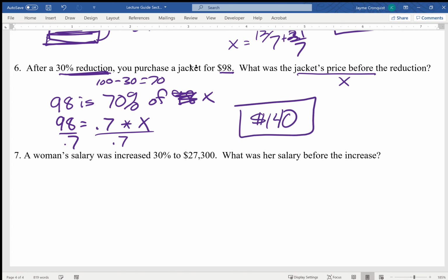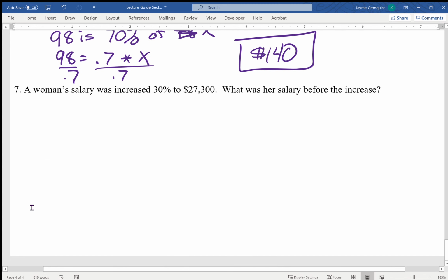That's the answer to my question. $140, because 98 is 70% of that. Okay, another way to look at it is to use that 30%. You'd say 30% is what? 98. Nope, that's really the only way you can do it.